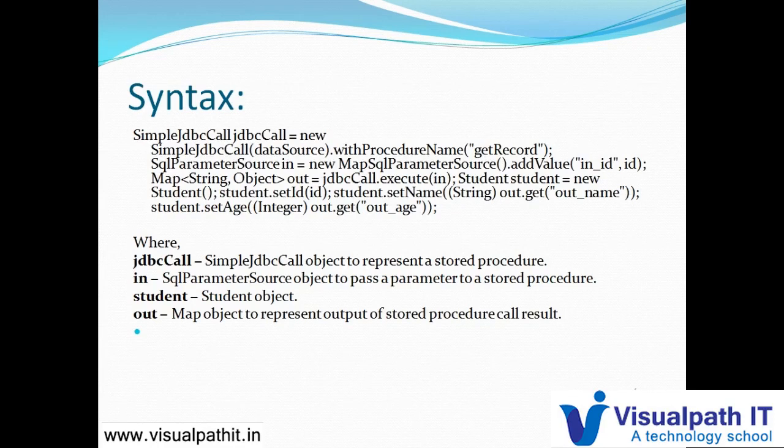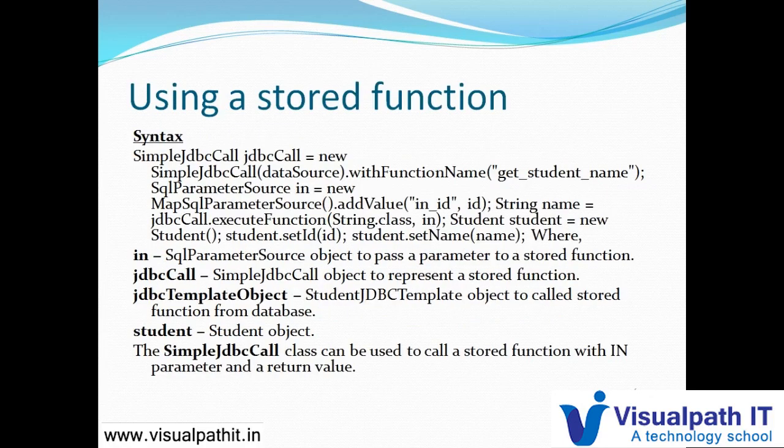So jdbcCall here is a SimpleJdbcCall object to represent a stored procedure. In is to pass a parameter to the stored procedure. Student is an object here, the student class object. Out is to display the result. Out is nothing but to get the result back. Map the object out from the retrieved data to the out parameter. In is to insert the data.